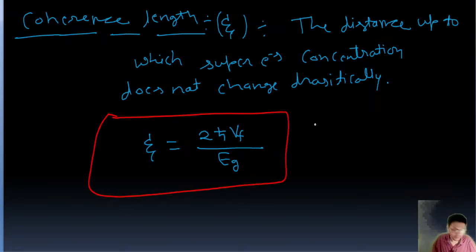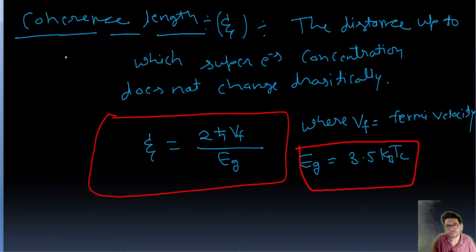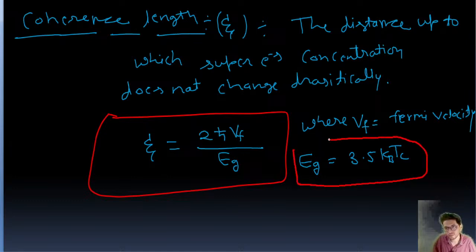Where vF is the Fermi velocity. And Eg, the band gap, has the value 3.5 kB Tc, where Tc is the transition temperature and kB is the Boltzmann constant.